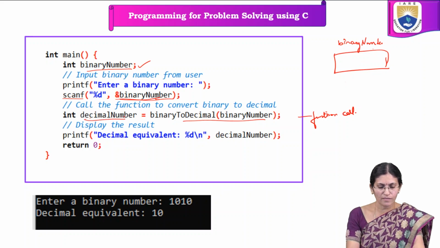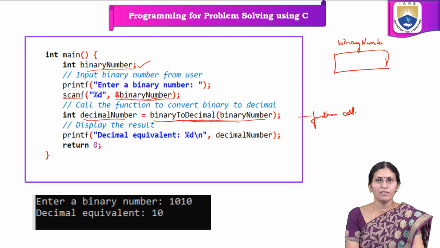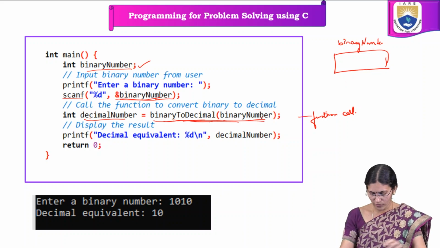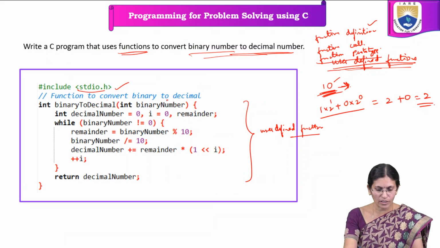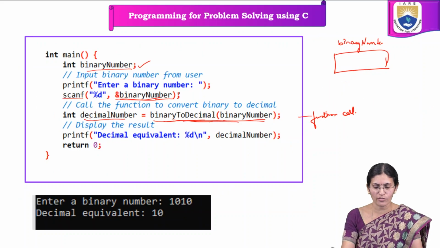Next, this is the function call. A function call is done in this way: first we write the name of the function, followed by the arguments. Since the function requires only one argument, we have passed only one argument, that is the binary number.